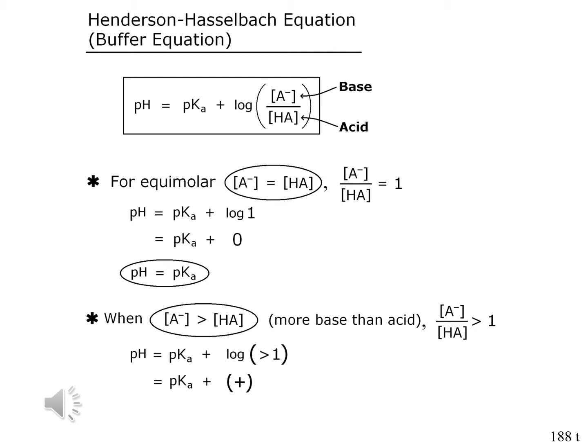If you take the log of a number greater than 1 on your calculator, it will always come out positive. You can try that and convince yourself using some numbers on your calculator. That means that the pH will be larger than the pKa, and that's exactly what you expect. If you use more base than acid, you would expect the pH to go up.